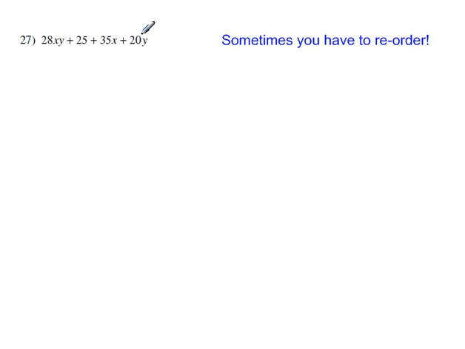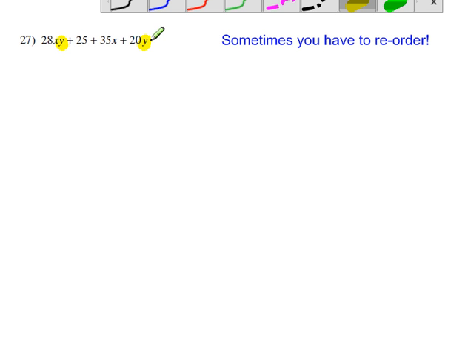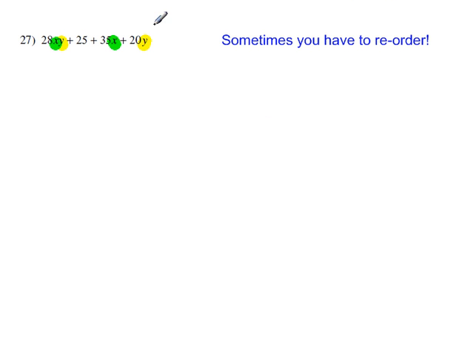My first thought process is I have y's in common. I have y's in common here, and I have x's in common here. So what I need is some way to reorder all of this to where when I pull something out, I'm left with identical parentheses. So I'm going to try something.